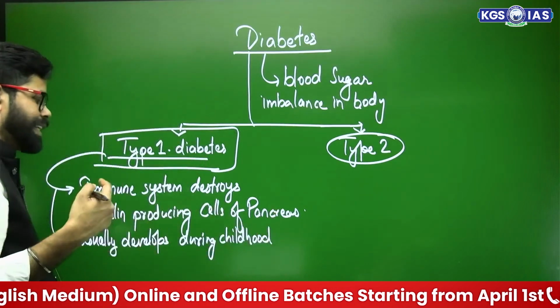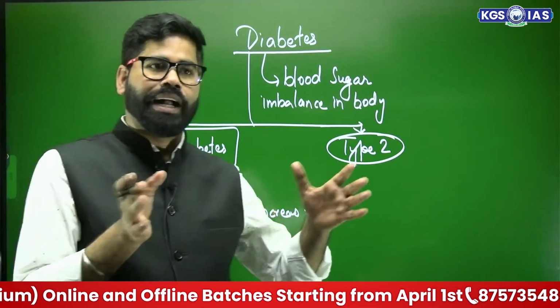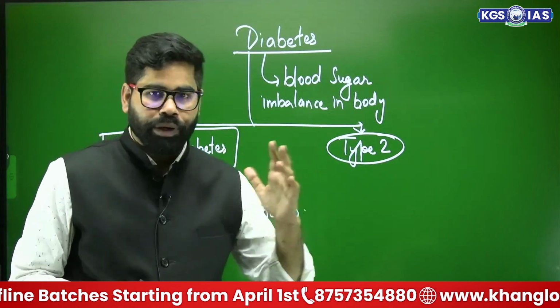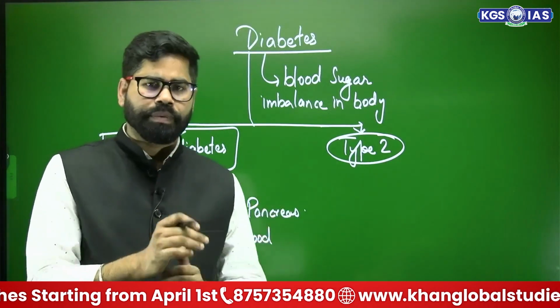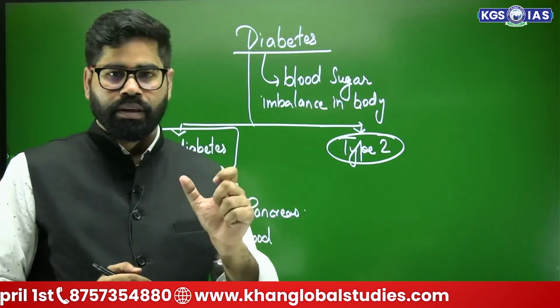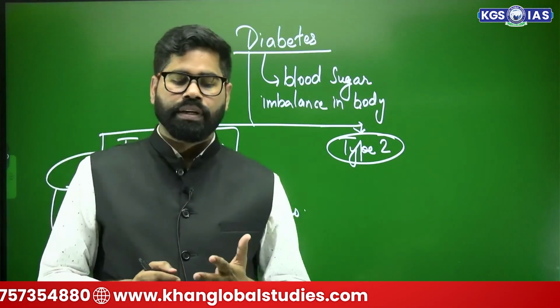If it is not developing in childhood, then in the adolescence phase, the time when people are reaching puberty, like 13, 14, 15 years. In that age, in the teenage group, there is development of this type of diabetes.